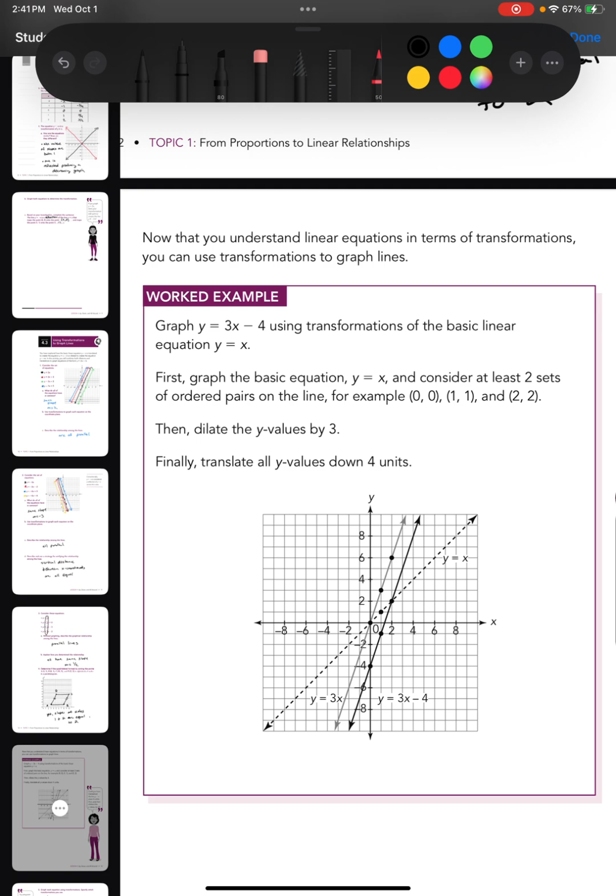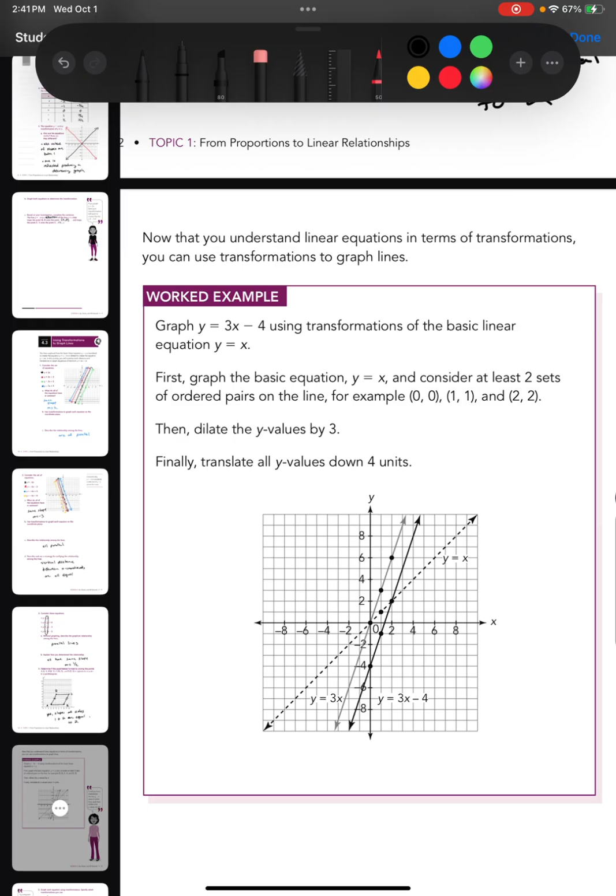All right, so now that you understand linear equations in terms of transformations, you can use transformations to graph lines. So we're going to graph y equals 3x minus 4 using transformations of the basic linear function y equals x. The dotted line is our parent function y equals x, and we've graphed the line 3x minus 4 using two transformations.